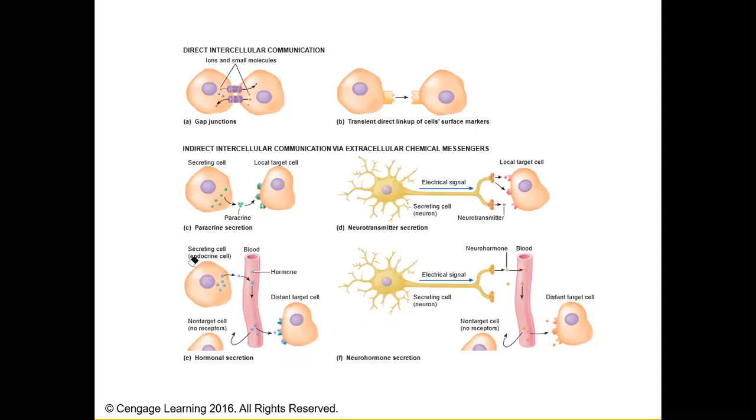So in this case, where the target cell is far from the secreting cell, the means of communication is a blood vessel, and the secreting cell is not a neuron, we are talking of hormonal secretion. Hormones: the secreting cell is far placed from the target cell, and the method of communication is blood, the circulatory system.